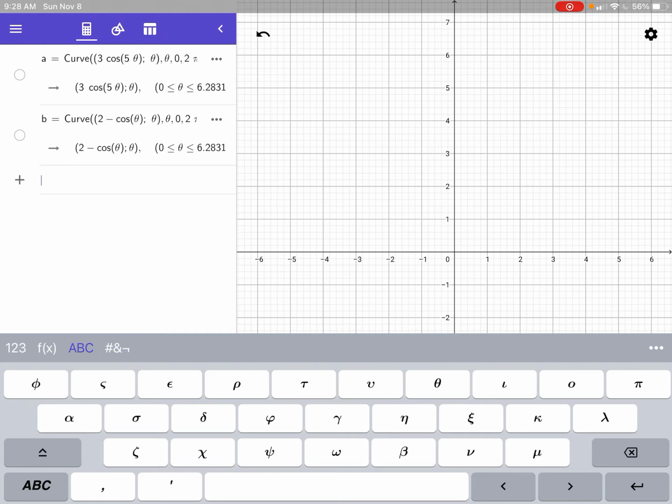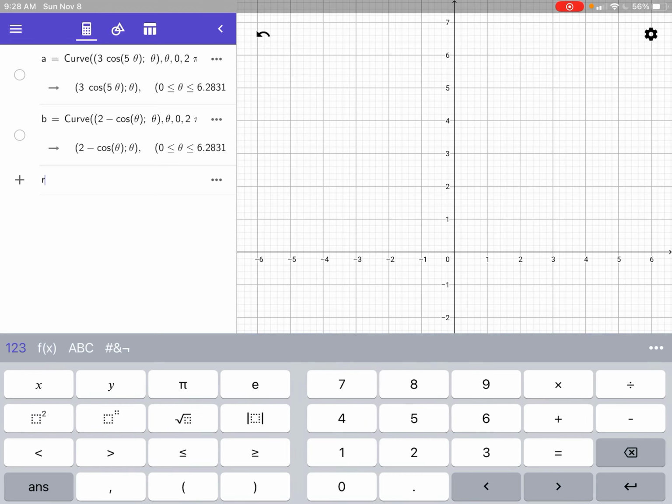I didn't type any of that stuff. I know there are options we can play with, but we're just looking at the basics. So we're going to literally type R equals 3, and then sine theta.